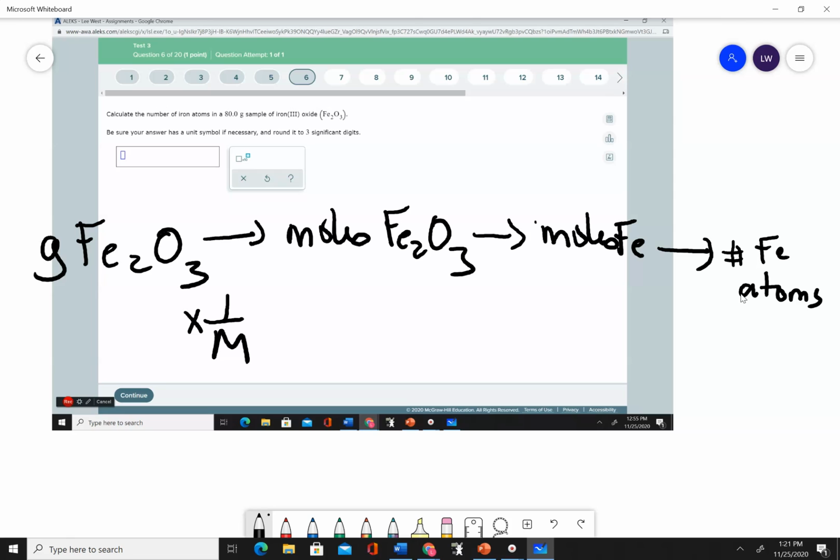When you want to go from moles of one thing to moles of another thing, you have to multiply by what we call the mole ratio. And then finally, if you want to go from moles of something to the number of something, you multiply by a number called Avogadro's number.